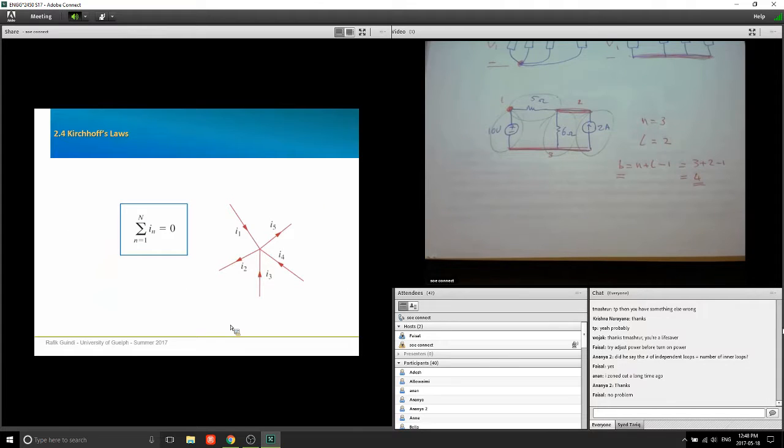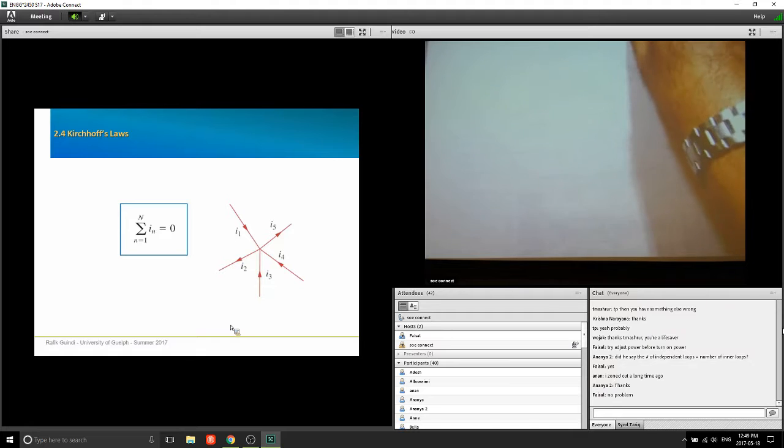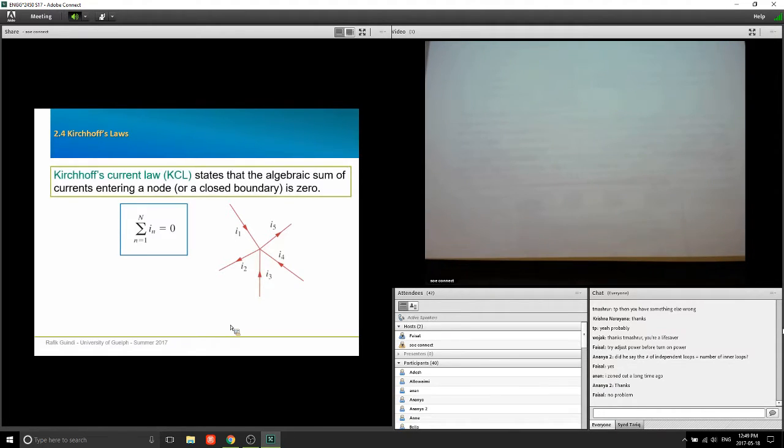Okay, let's go into Kirchhoff's laws. Do you know about Kirchhoff's current law and Kirchhoff's voltage law? I think I asked this question last time. So we're going to start with Kirchhoff's current law, or we call it KCL.